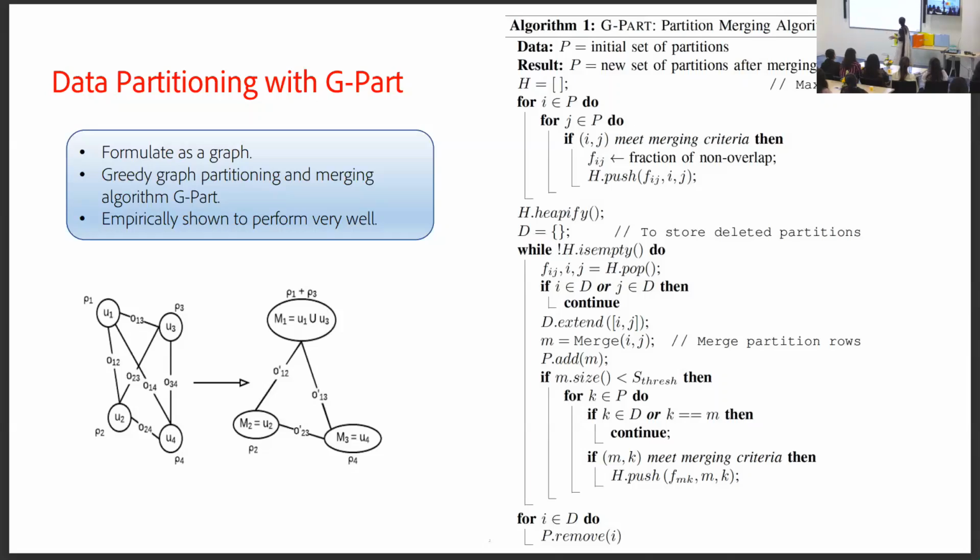So how we solve it is using a max heap based algorithm after doing this kind of graph-based modeling, where the max heap is on the fractional overlap, or the weight of the edges. First, we'll pick greedily the weight which will give us the maximum benefit of merging, and we continue this iteratively. So every time we pick an edge, we are collapsing the two nodes to form a bigger node, which will become the merged partition.